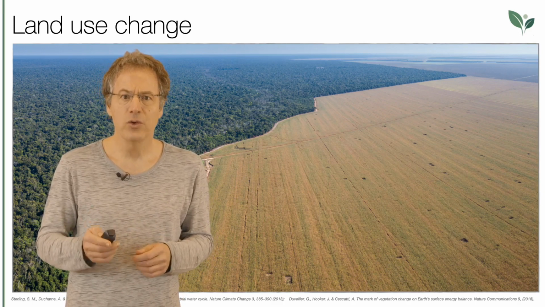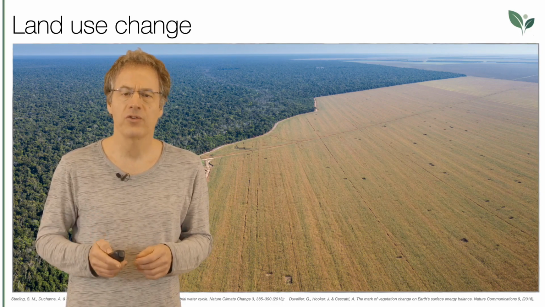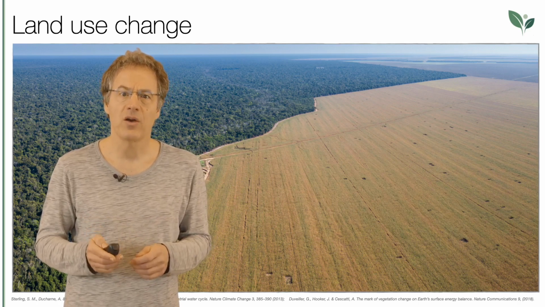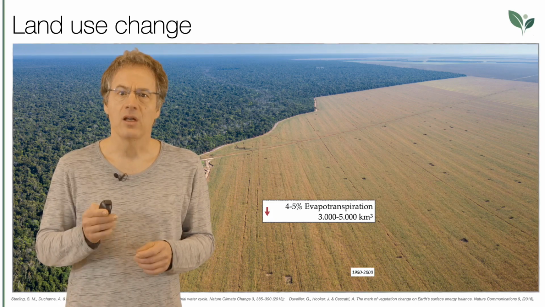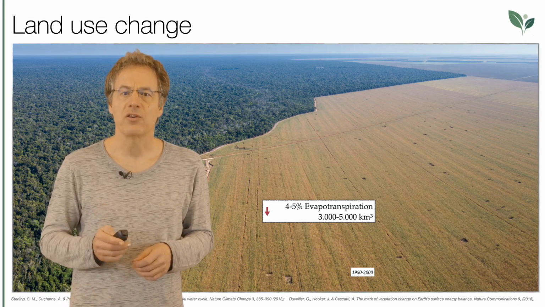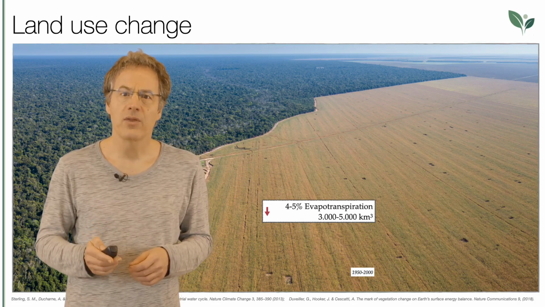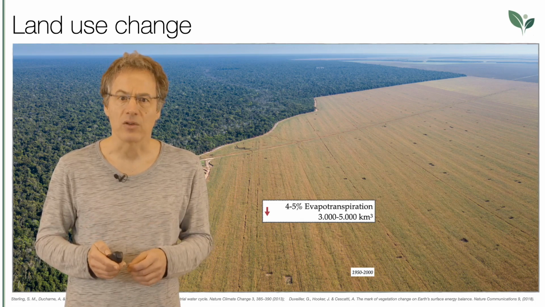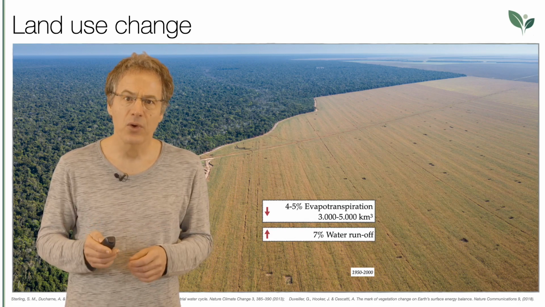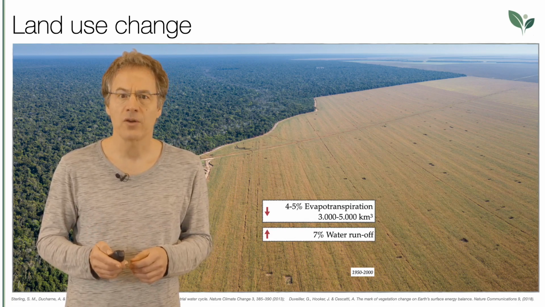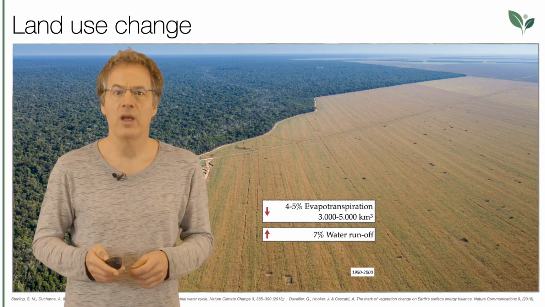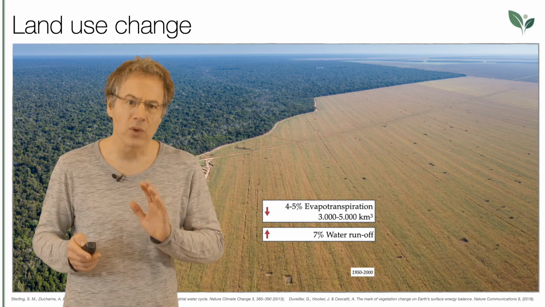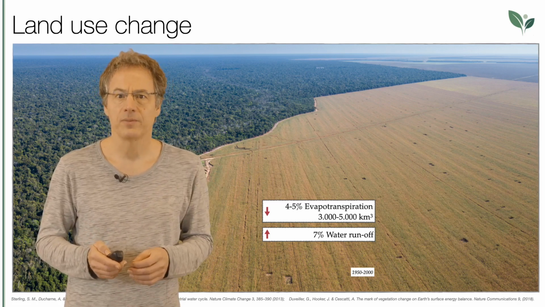Research shows that due to reduced vegetation caused by deforestation and conversion to agricultural land in the period from 1950 to 2000, we have a reduction in evapotranspiration of 4 to 5%, which corresponds to 3,000 to 5,000 cubic kilometers of water, a gigantic amount. We also have a 7% increase in surface runoff of water, because the water that falls as rain on the land surface can no longer be completely absorbed by the soil and flows quickly into rivers and the sea.